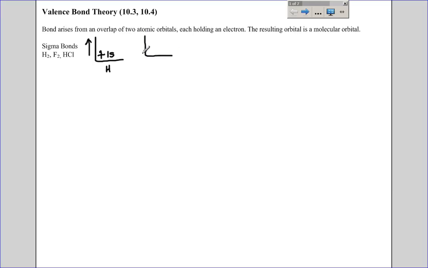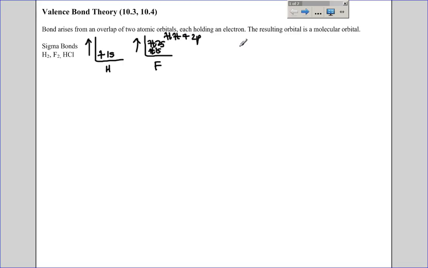In fluorine, an atom with 9 electrons, there are 2 electrons in the 1s, 2 electrons in the 2s, and 5 electrons in the 2p orbitals.